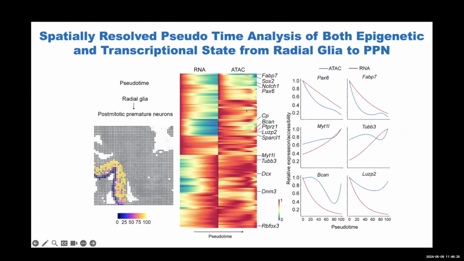But some genes are interesting. For example, this group of genes: the chromatin opened up and remained open, and the genes are expressed in the very beginning but quickly diminished. But what are those genes? When I asked my collaborator Gonzalo Castro-Branco, he found, wow, those are his favorite genes.